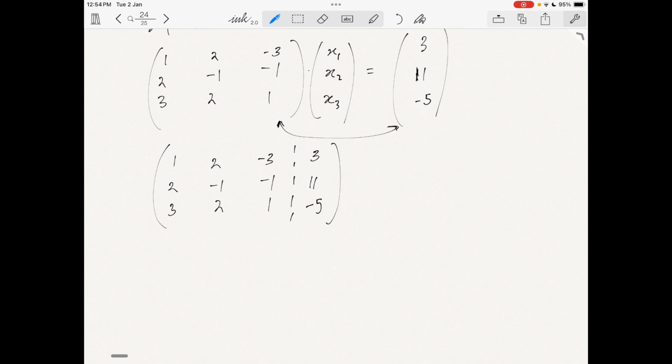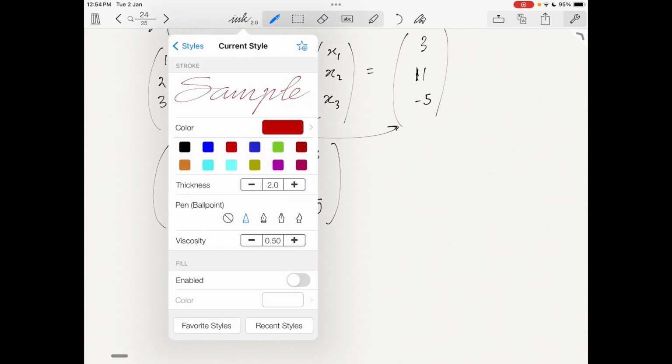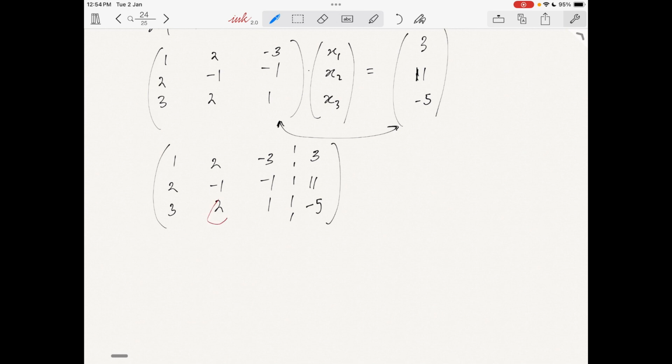So, what are we doing in the Gaussian elimination method? We want to turn the 2, 3, and 2 below the first pivot into 0, in which we will perform operations between rows: row 1, row 2, and row 3.